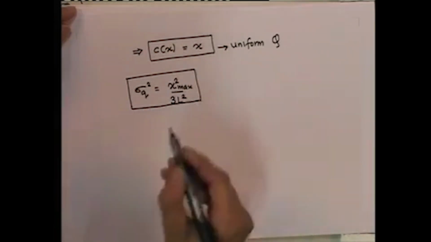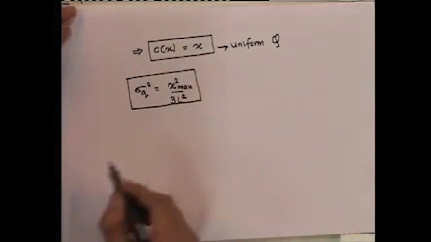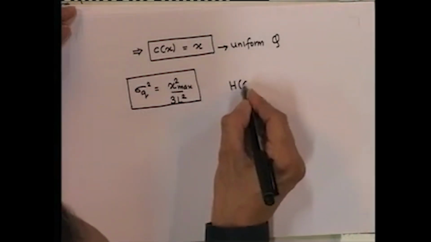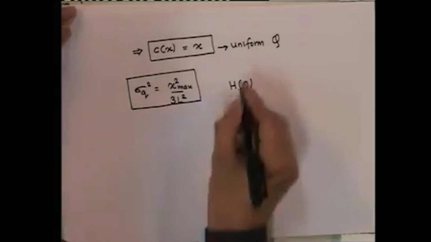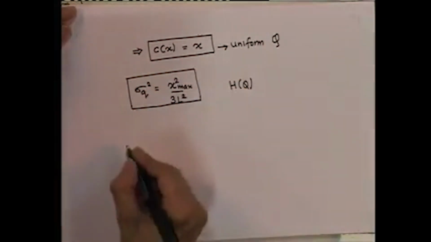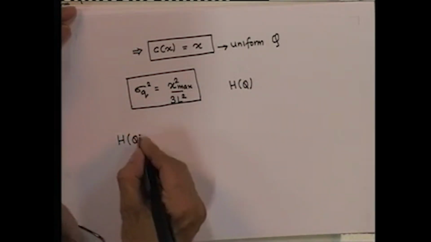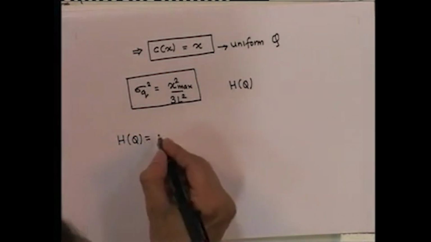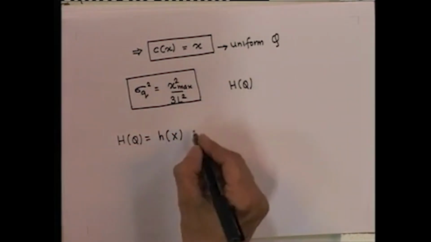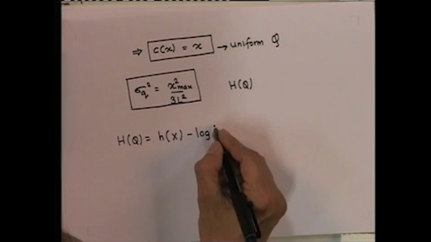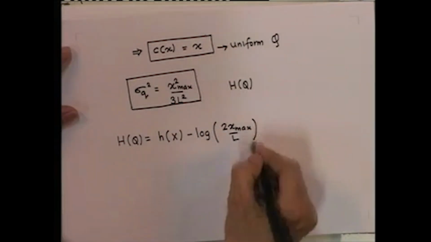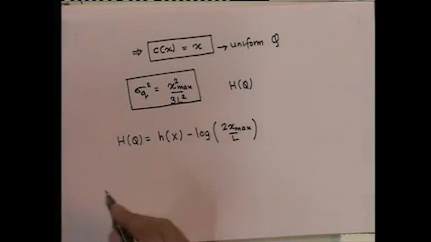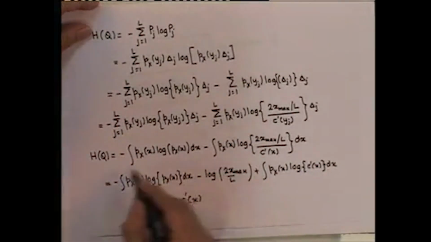and also substituting C x equal to x in the expression for entropy, we obtain the expression for the entropy of this high rate optimum quantizer as follows: H q is equal to H x minus log of 2 x max by L, where H x is the differential entropy.